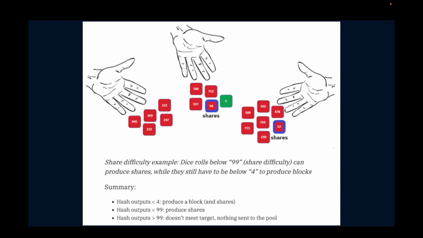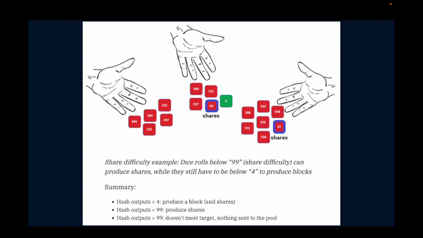And what the miners are trying to do ultimately is to find a dice roll that will result in a number that's smaller than 4, right? If the dice roll is smaller than 4, that means we found a valid block for the Bitcoin network.